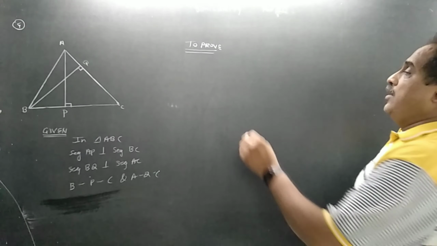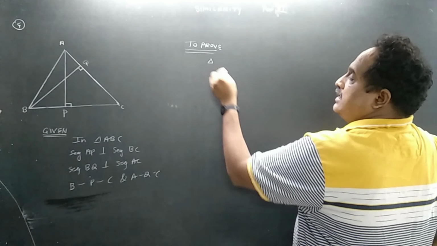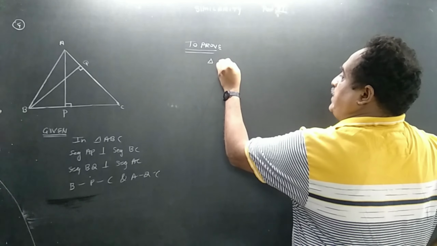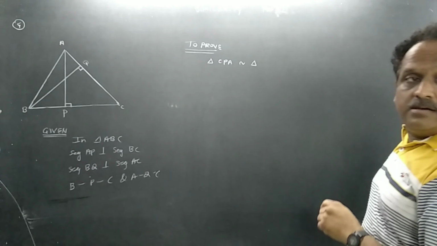What to prove? Triangle CPA is similar to triangle CQB.